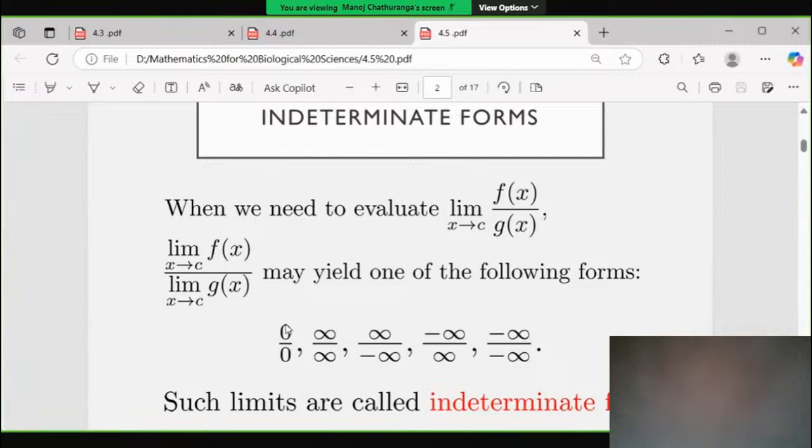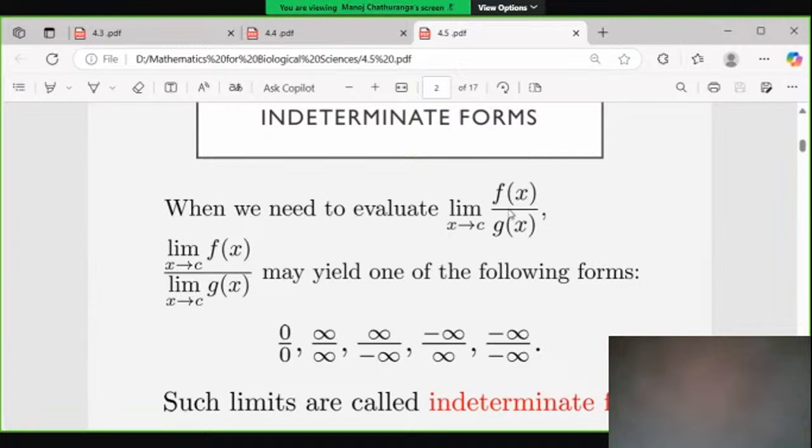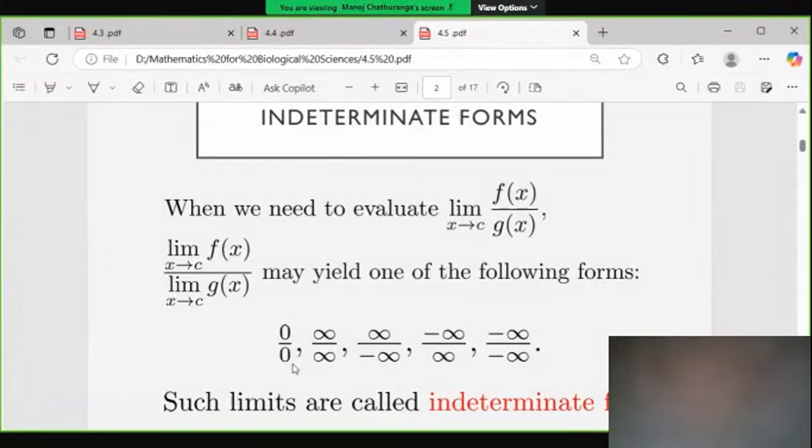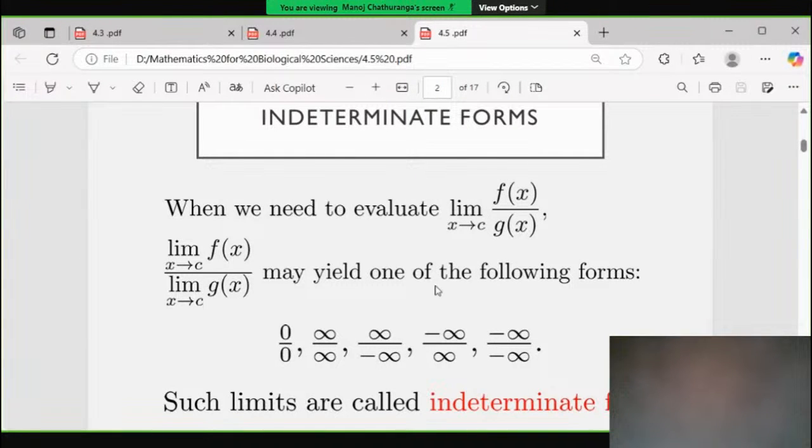When you do so, let's say your limits become either both zero or both infinities. So the resulting expression is like 0 divided by 0 or infinity divided by infinity.